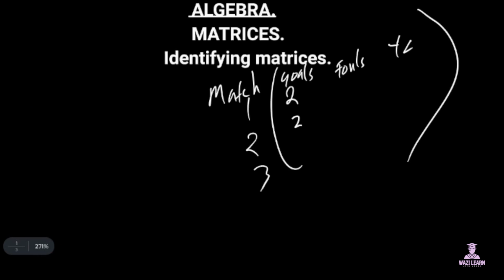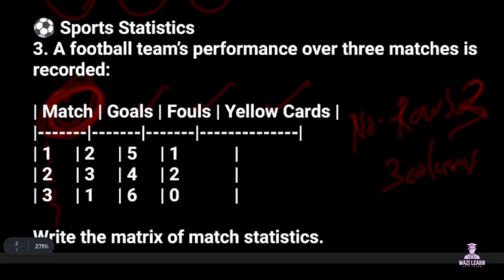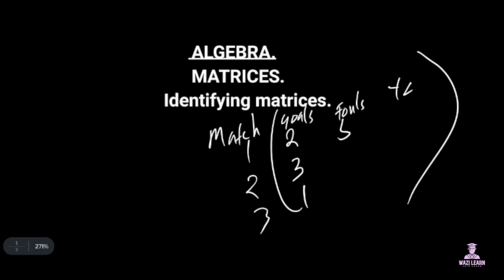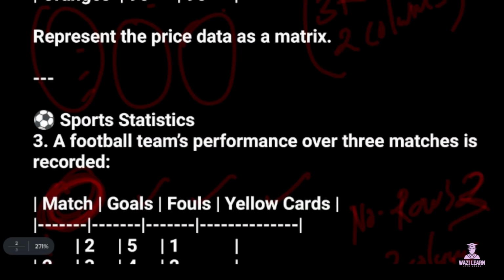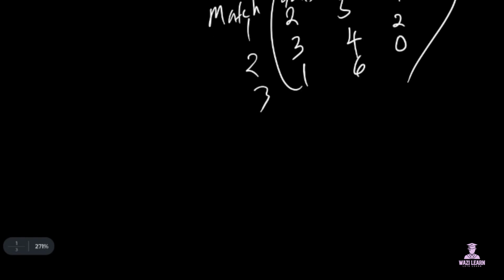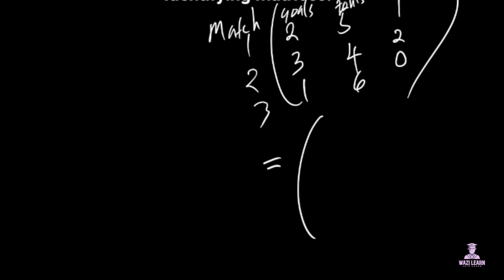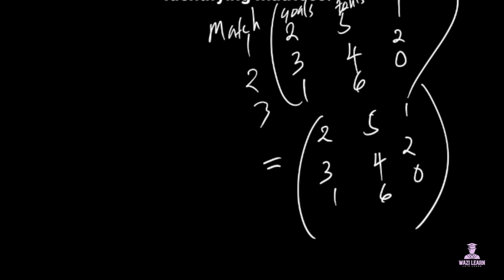Under fouls we have 5, 4, 6. Then yellow cards we have 1, 2, 0. So writing this in matrix form, we'll remove the labels. It will be 2, 3, 1, 5, 4, 6, and then 1, 2, 0. So that is our information written in matrix form.